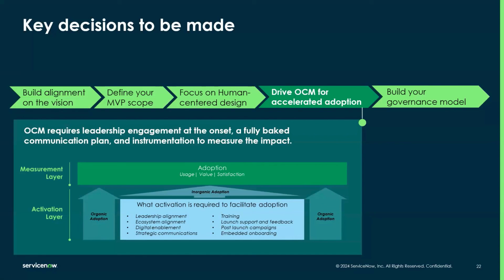So it's important to think of organization change more holistically, and then bring in leadership alignment and engagement at the onset, have a communication plan that touches users across different channels, and then drive both inorganic and organic adoption, probably with some champions. So you may want to definitely invest in organization change management as part of your go-lives. And this is a very, very important aspect.